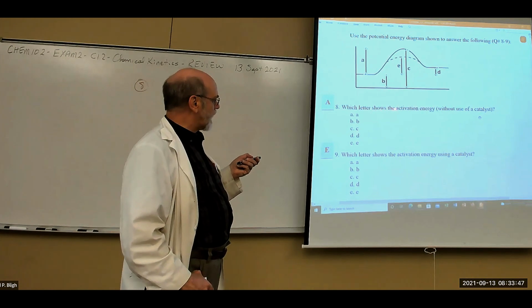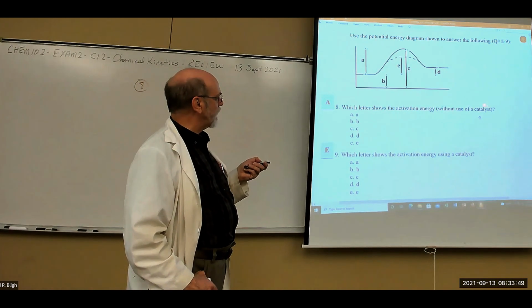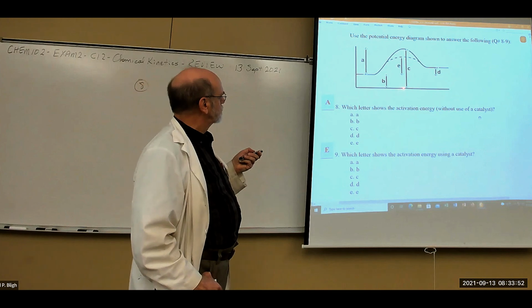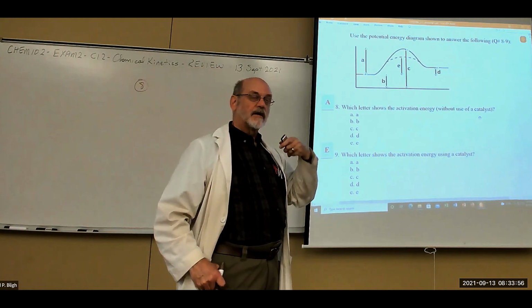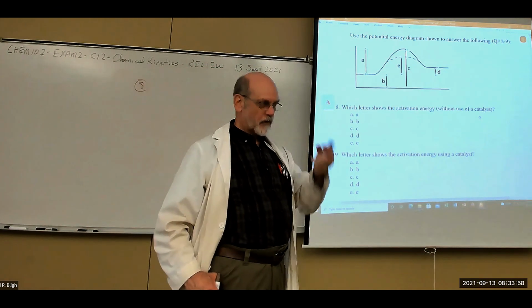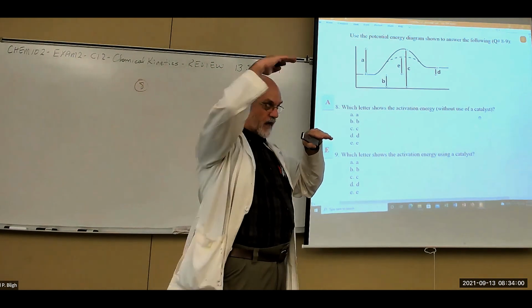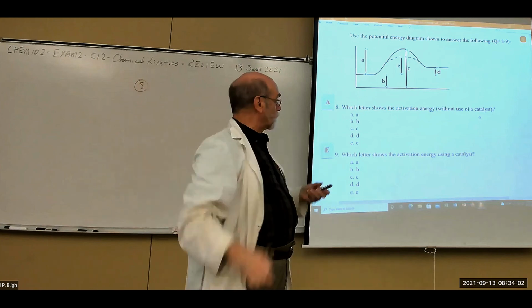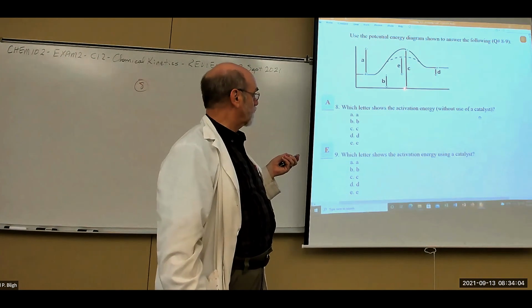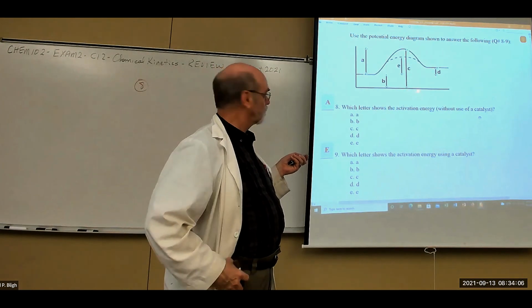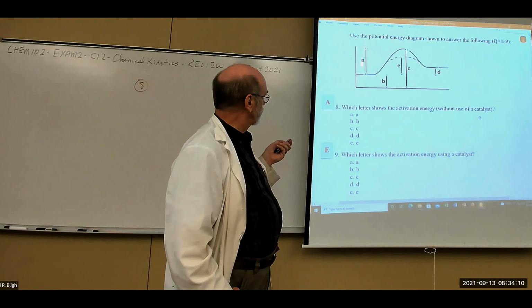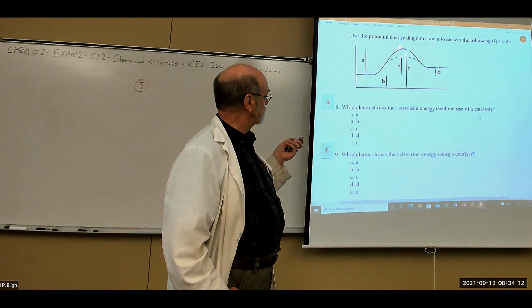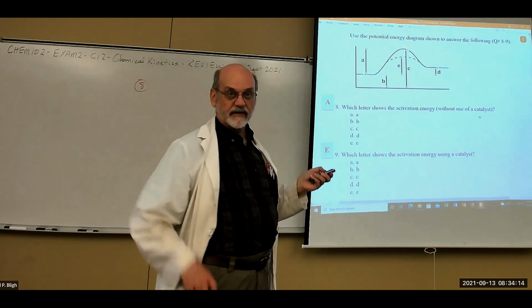Which letter shows the activation energy without the use of catalyst? Well, the activation energy is the amount of energy from your starting point to the activated complex. So C is not it. This is from the baseline. It has to be this one, from here to there. You added energy and made your complex.